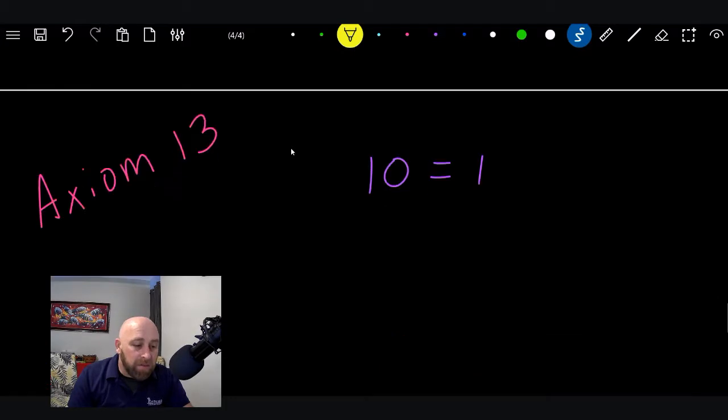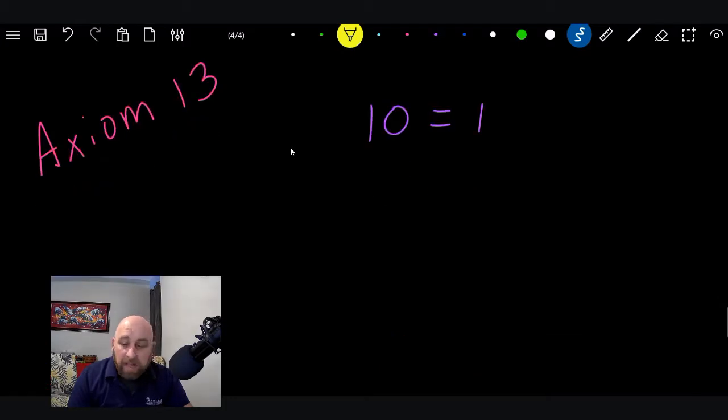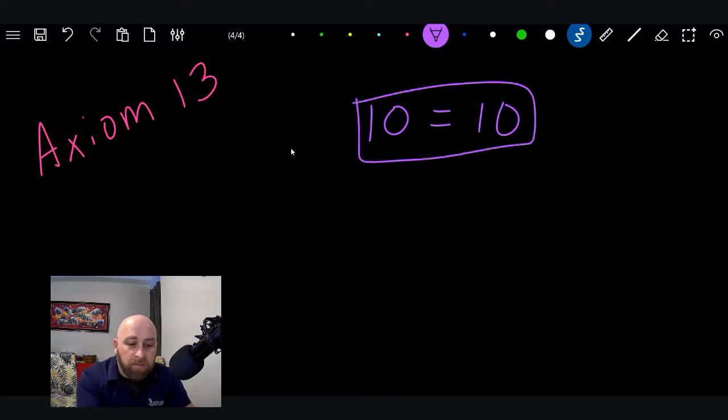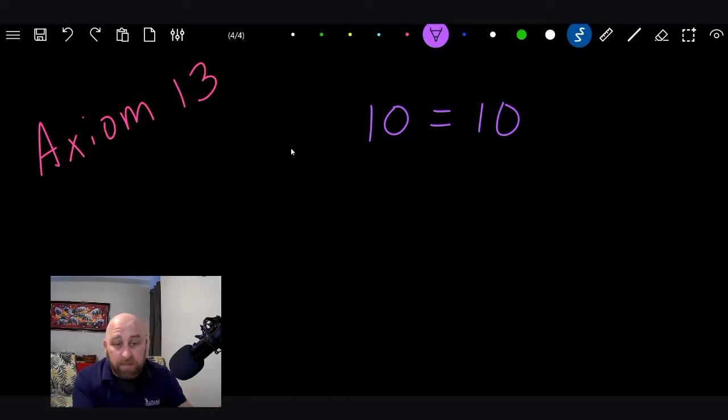Now we come down here to axiom 13, and we do have a little bit of a change in the relationship. It says, if unequals are subtracted from equals, so from equals, so now we're going to say 10 equals 10. And so, if unequals are subtracted from equals, let's say 4 is greater than 3.